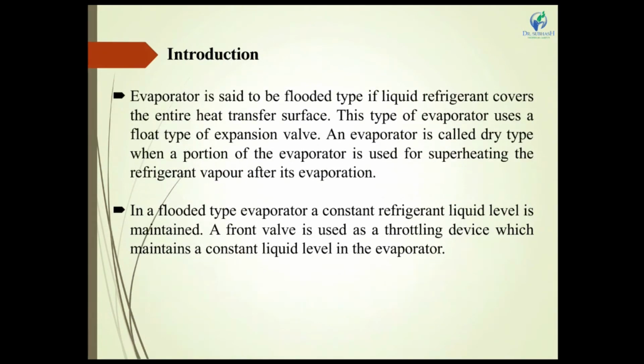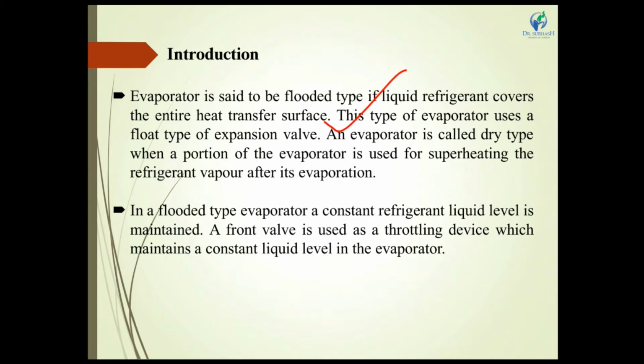Introduction part: an evaporator is said to be flooded type if liquid refrigerant covers the entire heat transfer surface. We have to know what an evaporator is: a simple heat exchanger where heat is exchanged from one fluid to another fluid.